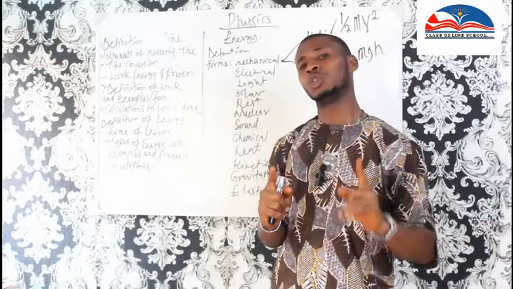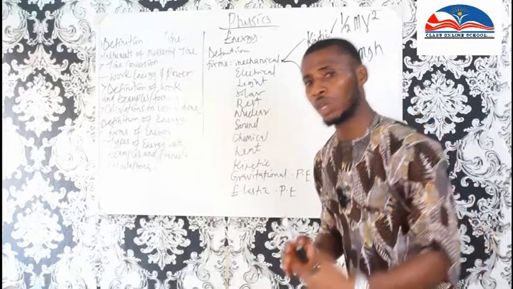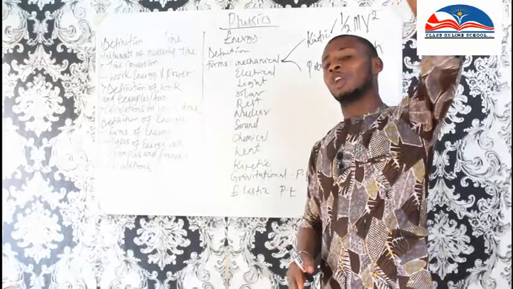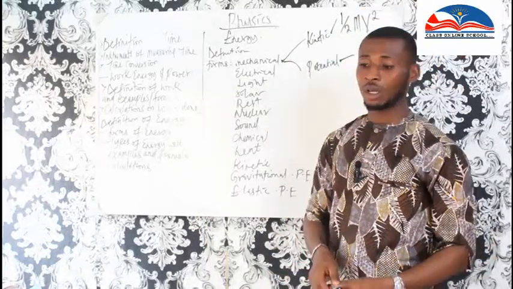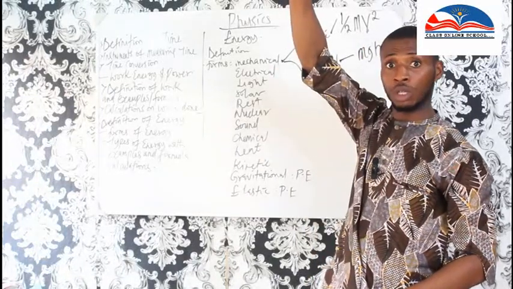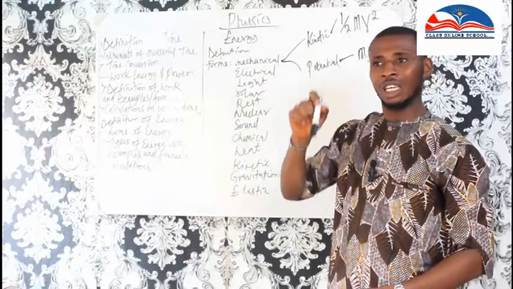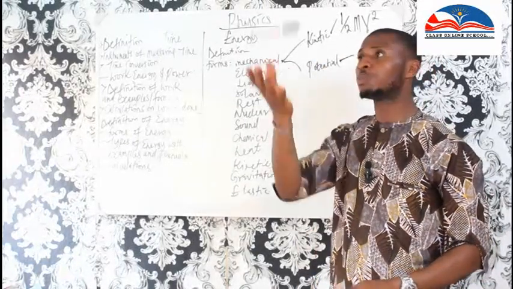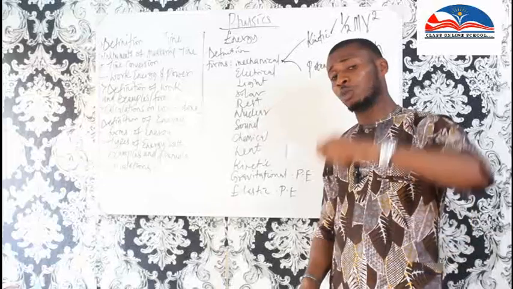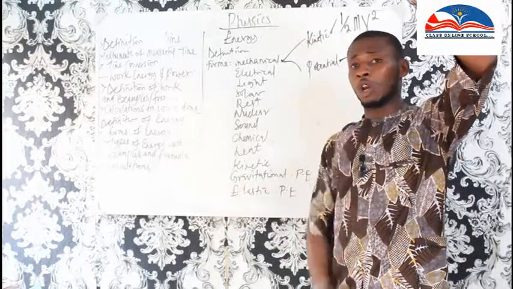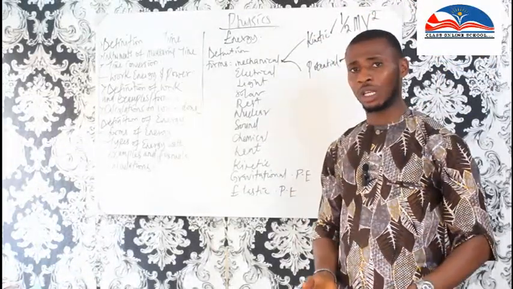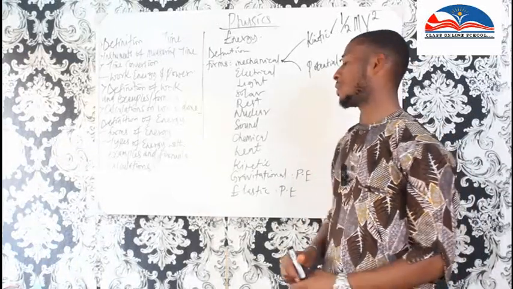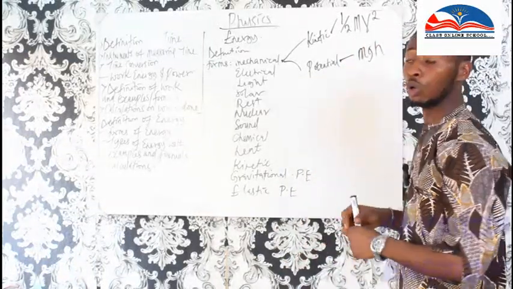The only thing you need to know is that if a body is suspended up, a body that is up, it is disobeying the law of gravity. Let me say I threw this pen up. As this pen is moving up, it is disobeying the law of gravity. But immediately it's falling down, it is obeying the law of gravity. So that is what we need to know.